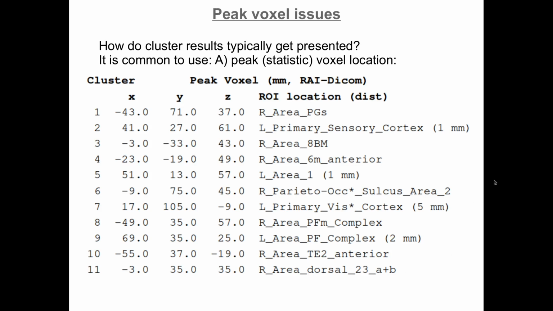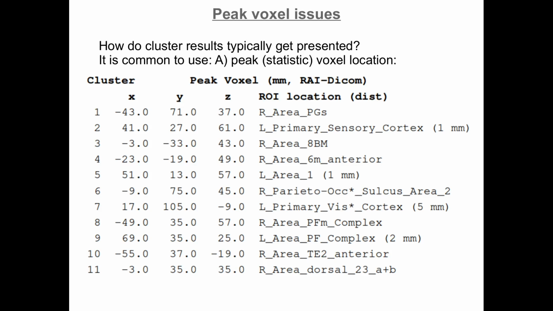But there is a problem here. The peak statistic voxel location isn't the only relevant part of the results. There was a whole cluster there. And remember, statistically with clustering, once you cluster, you don't really care what the values of the statistics are inside.